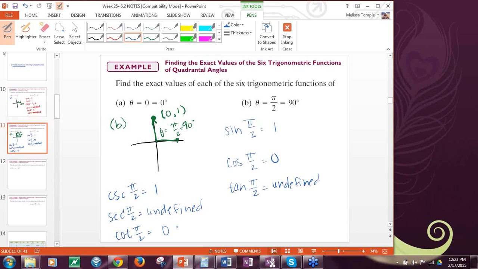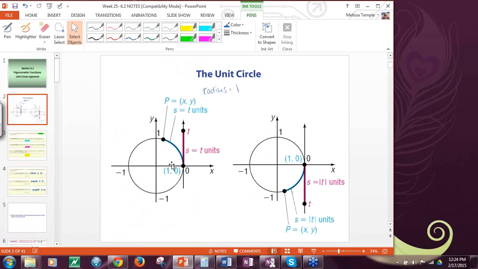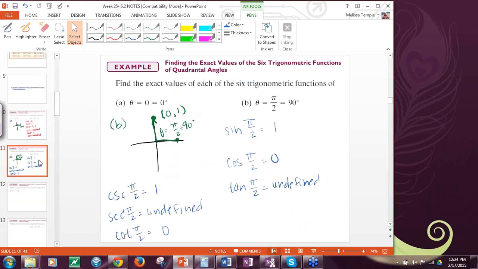Okay, so question on how I got the 0 and 1. I'm working along the unit circle, so every distance I go from my origin is a distance of 1. I'm building what we call the unit circle, which we kind of saw here. Remember, my radius everywhere is 1 unit. So I'm building what happens at 90 degrees. To find 90 degrees, I make my angle.